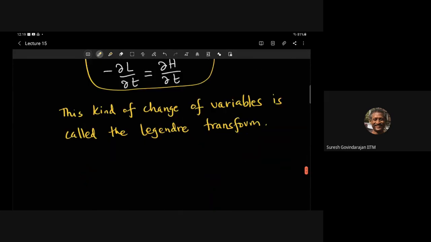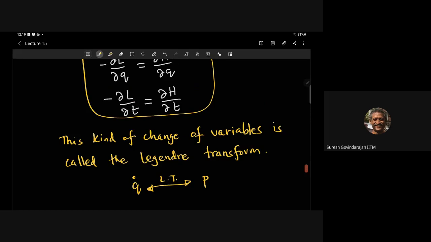Okay, so the Legendre transform, what it did is that we traded q dot for a different variable p. It's an interesting statement that if you do it one more time, you will go back that way. So it's a two-way. So the number of variables are not changing.